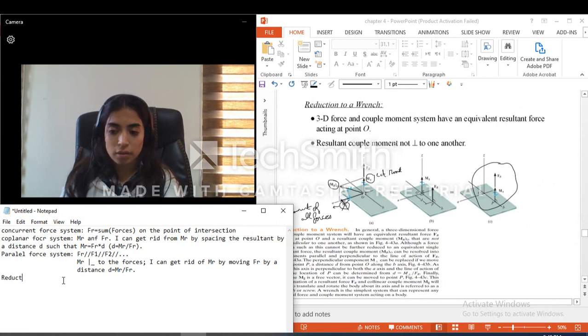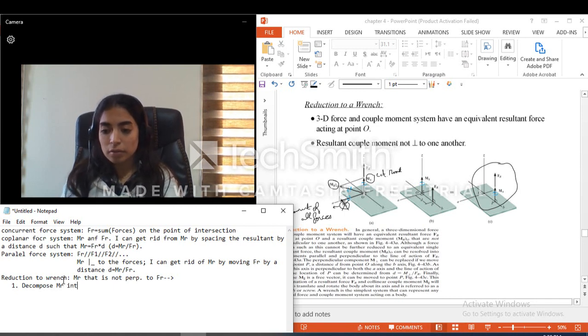So basically, guys, in this case, which is called reduction to a wrench, I have an M resultant that is not perpendicular to F resultant. Okay, so what I should do, one, decompose M resultant into two components, M perpendicular and M parallel.